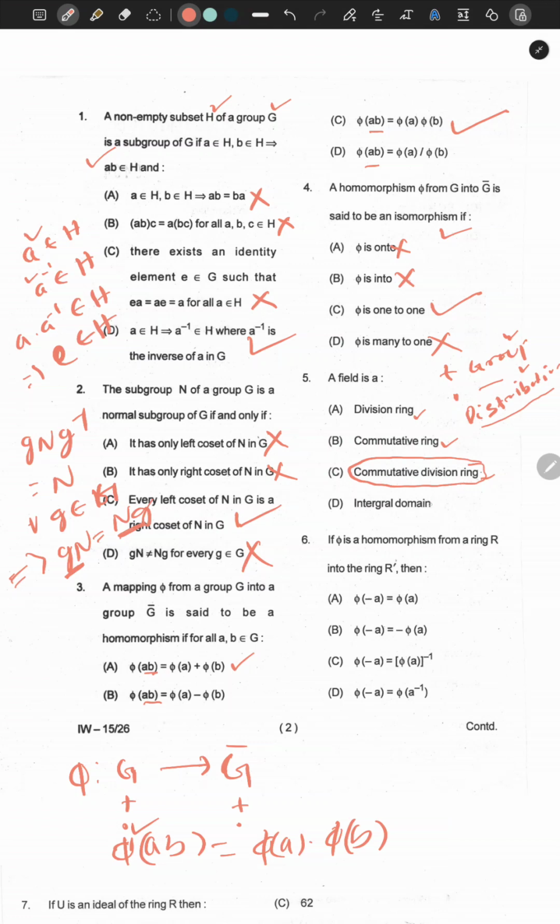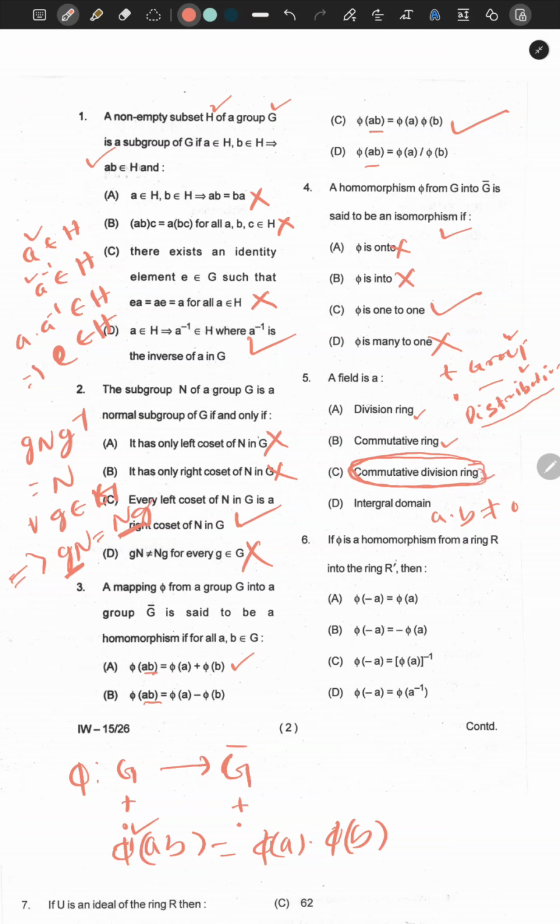And integral domain. What is an integral domain? A commutative ring where the product of two non-zero elements gives non-zero. But a field implies it is also an integral domain, meaning options A, B and D are all included in option C. So option C is the more concrete answer.